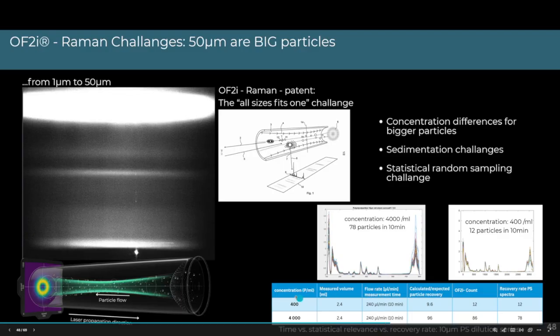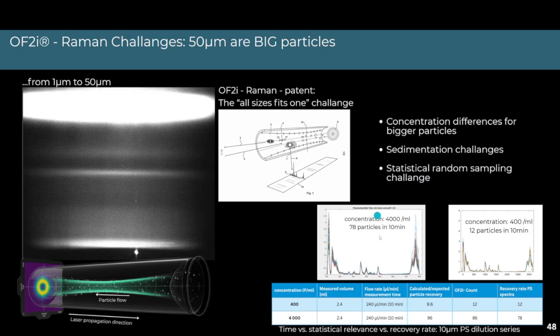We need to look into different concentration ranges. When we put 400 in there, we are supposed to see this many. When we put 4,000 in there, we are supposed to see this many. And how many can we actually recover? This is something we need to look at to guarantee, for our performance qualification, that this statistical random sampling is available.